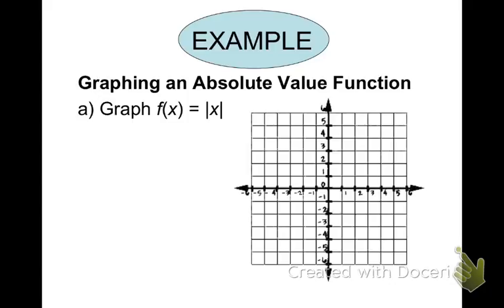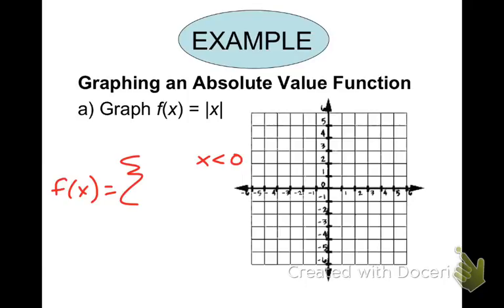Okay, so if I were to rewrite this as the piecewise function, it would be f of x is equal to my fancy bracket. I'm going to do the negative version first. So for all numbers less than 0, when I take the absolute value of a negative number, it turns out to be what type of number?